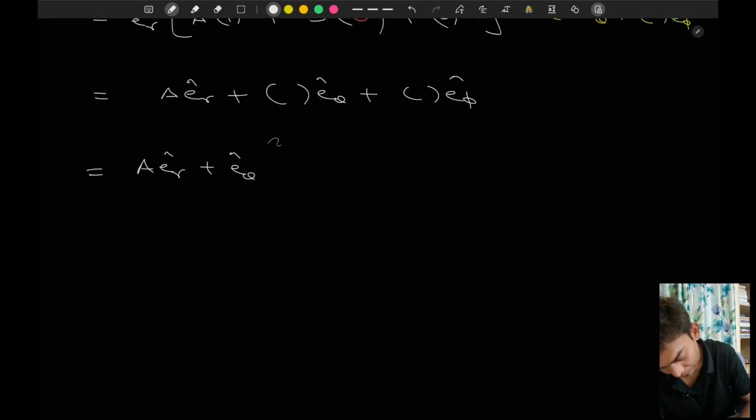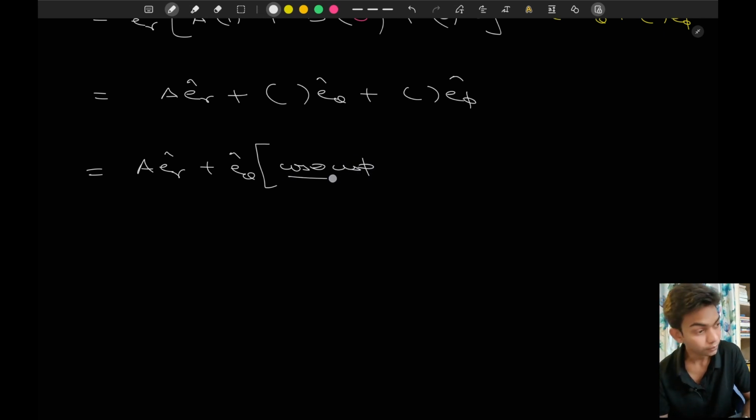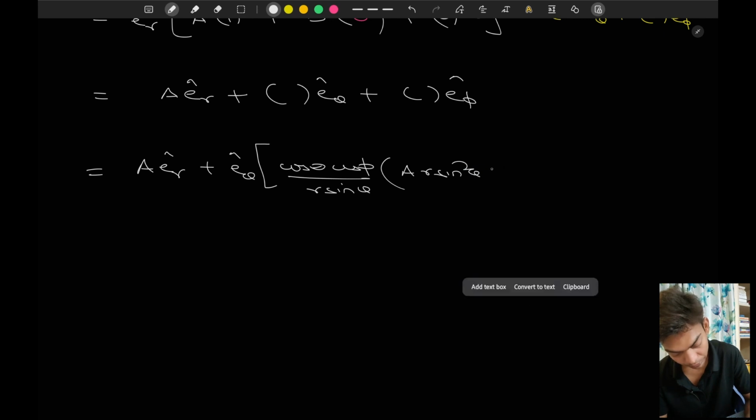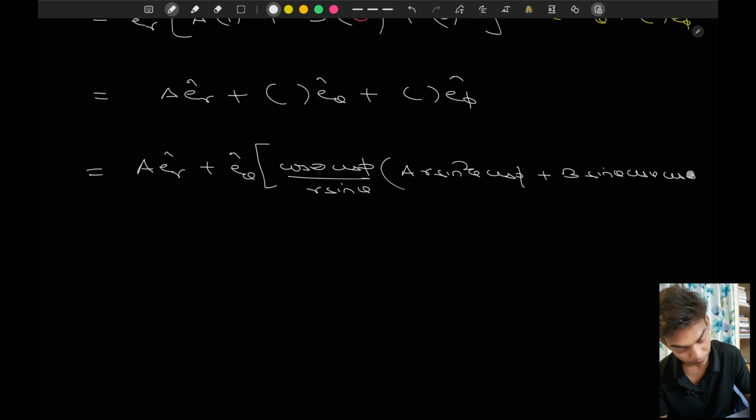So we have cos theta cos phi divided by r sine theta times (a r sine square theta cos phi plus b sine theta cos phi minus capital C sine phi).